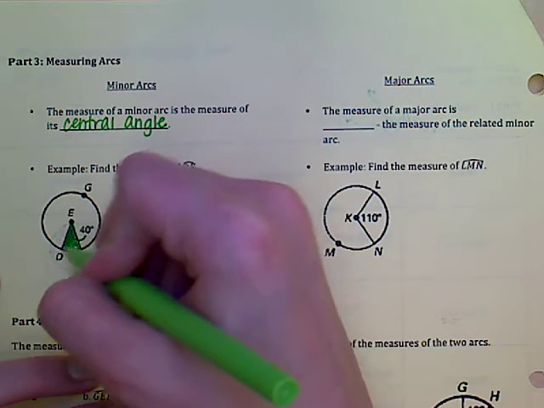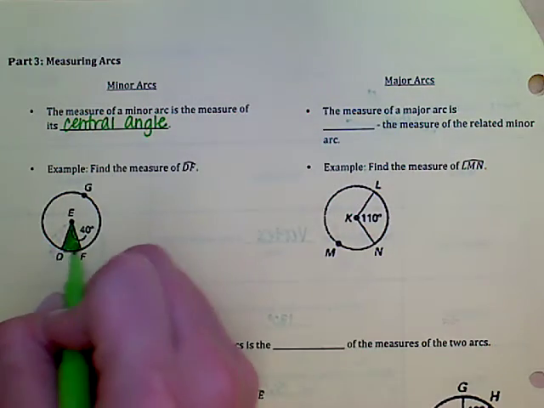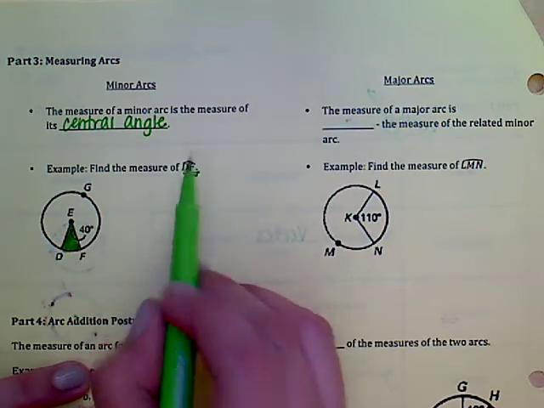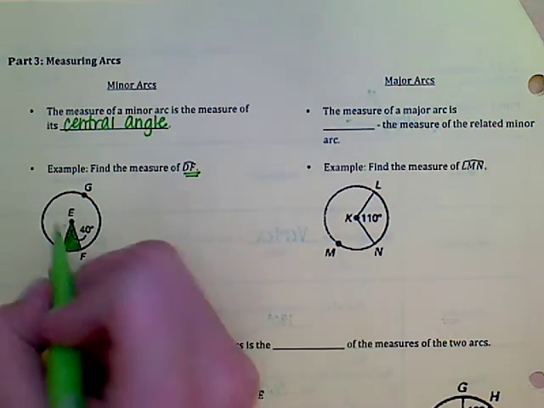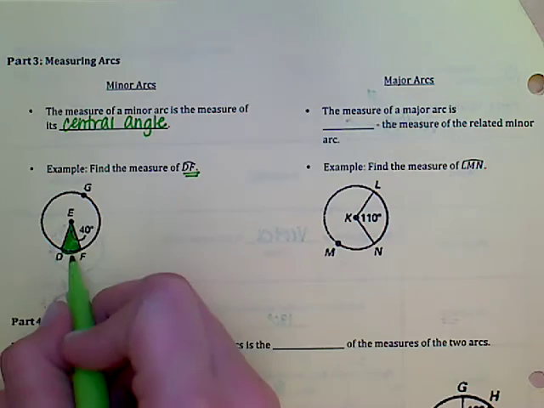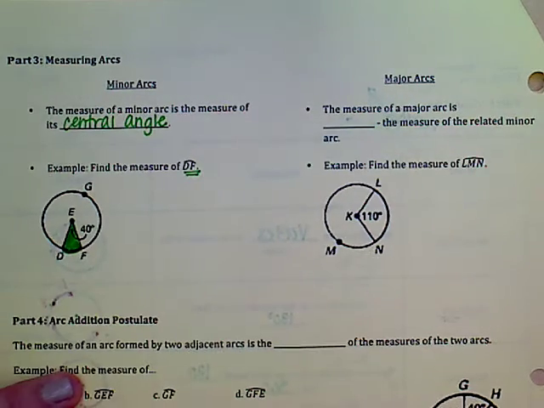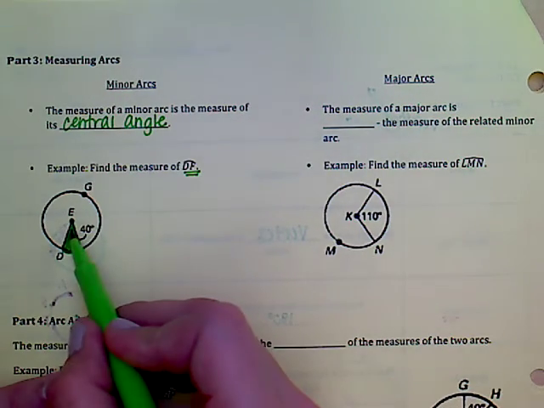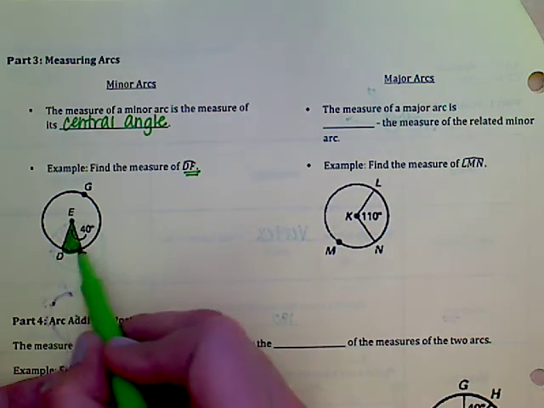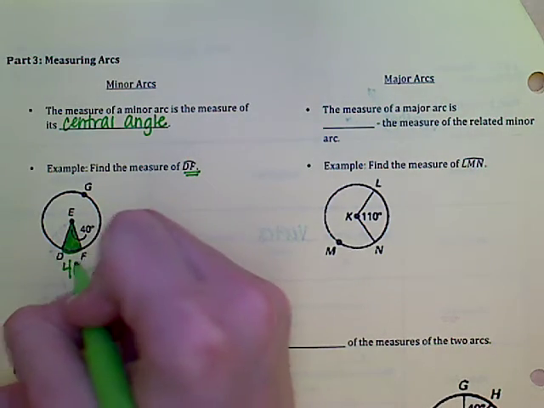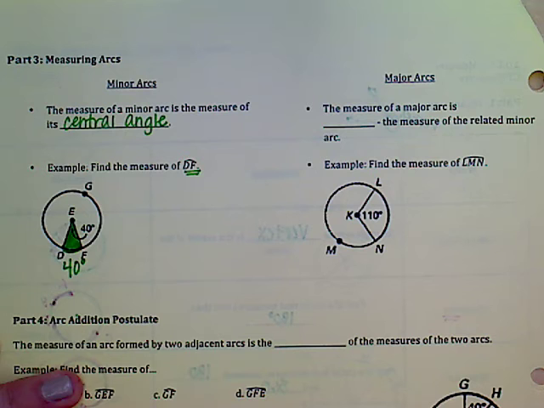This is the angle opening to that arc. So if they want us to find the measure of arc DF, if I can tell what the measure of the angle that creates arc DF is, then I know the measure of arc DF. If angle E is 40 degrees, angle E opens up to make arc DF, so DF is also 40 degrees.